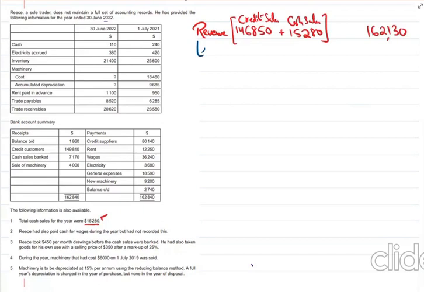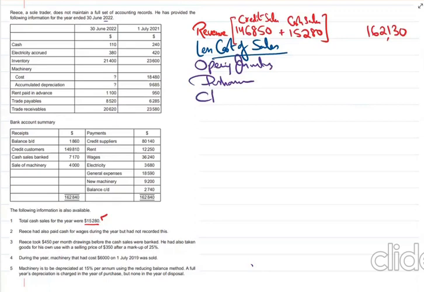Less cost of sales. Cost of sales, we know opening inventory, and we know the formula of purchases and closing inventory. Opening inventory will come from the trial balance column. Inventory here it is.